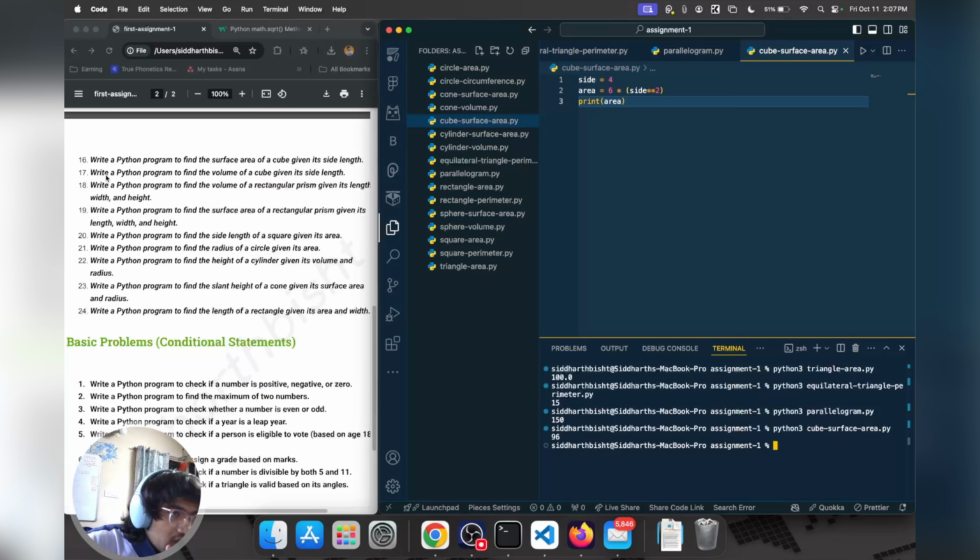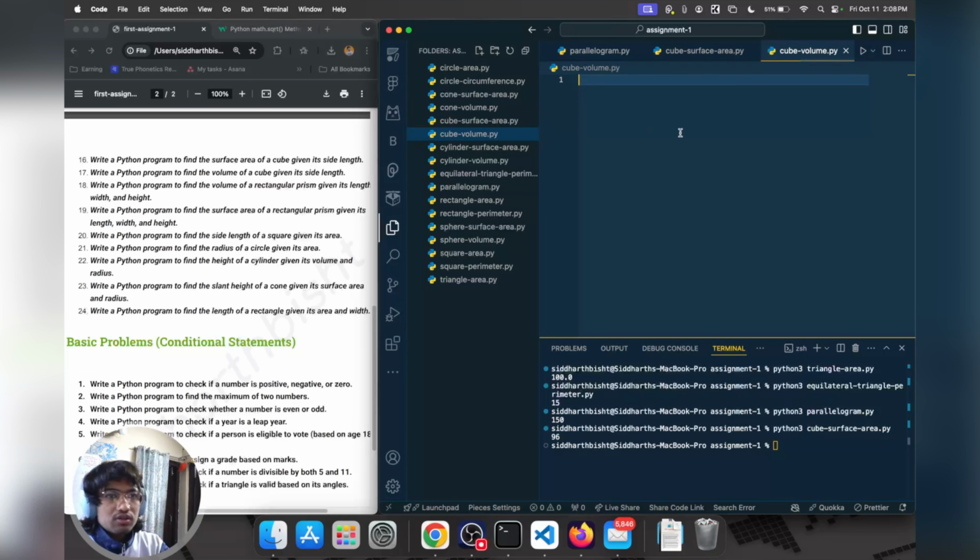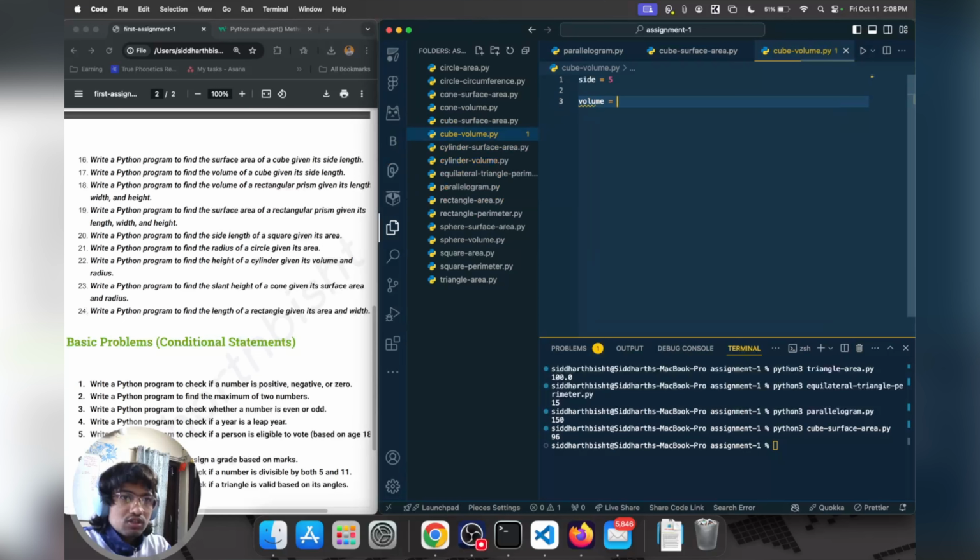Next, 17th one. Write a Python program to find the volume of a cube given its side length. So now cube volume.py. Given its side, let's take a side as 5 here, and then volume is quite simple.